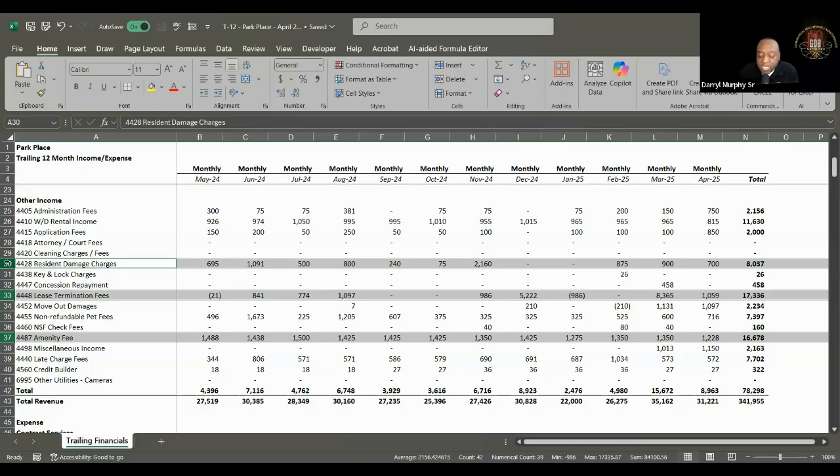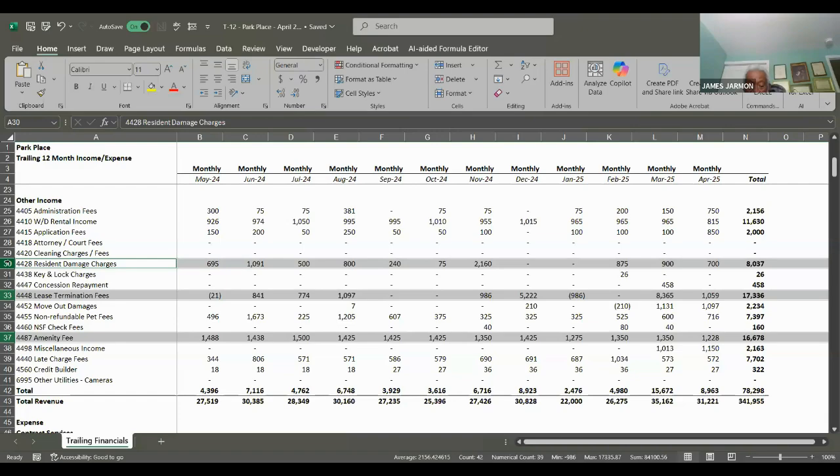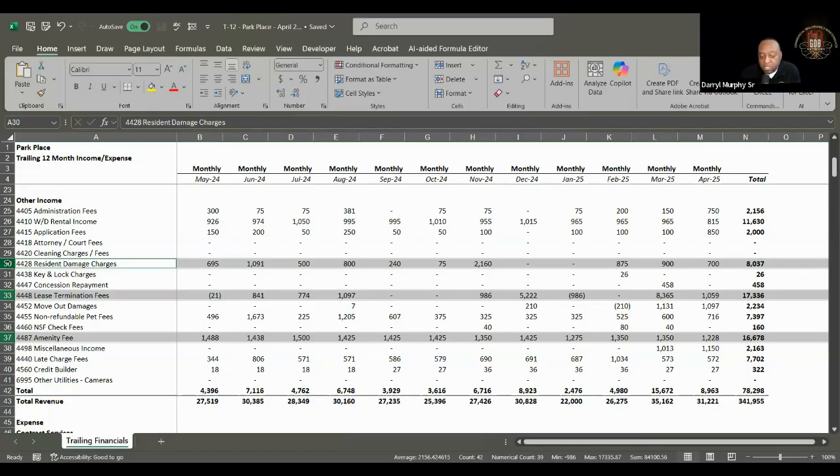Mr. Jarman, is there anything else? Because of the 17,000 lease termination fee, what do you think is also related to that lease termination fee? That will go back up to the total amount you collect. No, not the total amount you collect at the top. Stay within other income, because you already called it out. You may have forgotten.